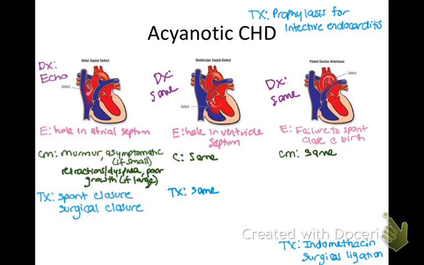So you have some kind of defect that is allowing more blood to head back to the pulmonary system than we would like, okay? And those defects are either an atrial septal defect, a ventricular septal defect, or a patent ductus arteriosus.